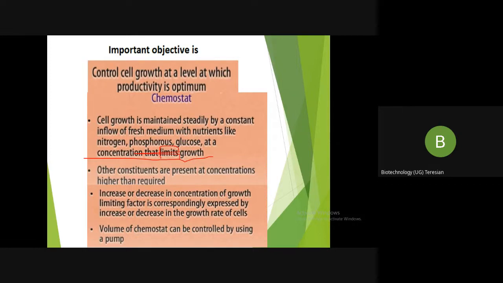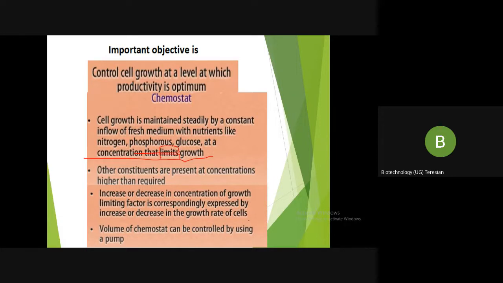An increase or decrease in the concentration of the growth limiting factor is correspondingly expressed by an increase or decrease in the growth rate of the cells. So if you are increasing or decreasing the concentration of nitrogen, phosphorus or glucose, which is essential for the growth of the microorganism, it correspondingly causes an increase or decrease in the growth rate of the cells.